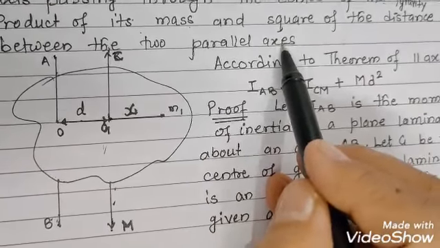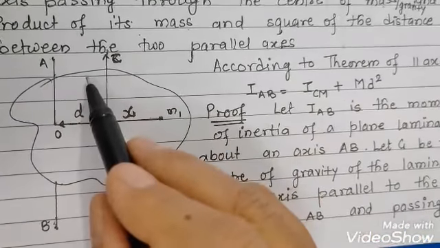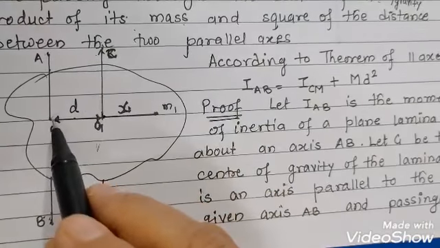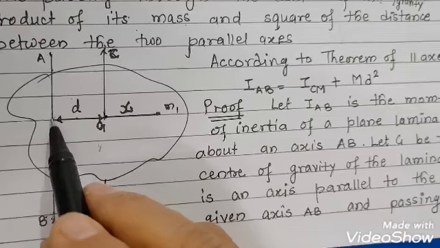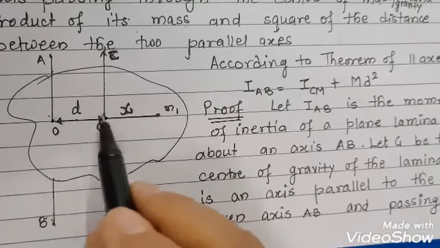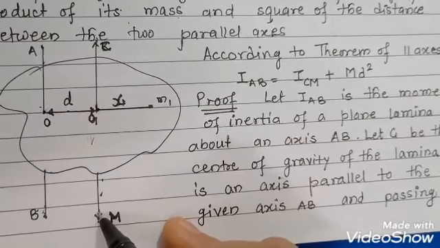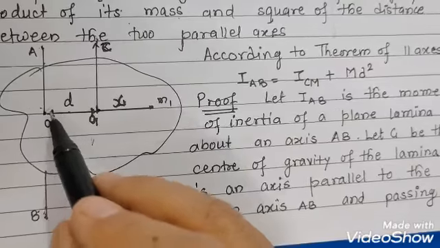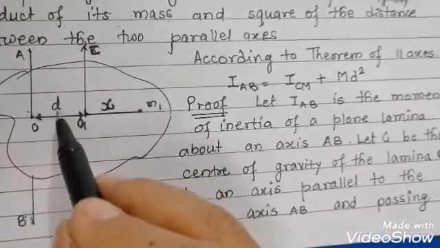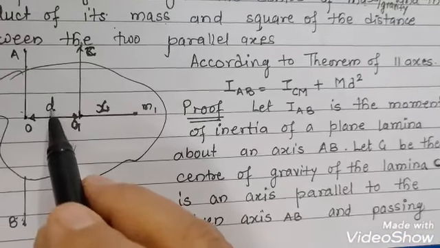Product of its mass, that means the whole mass of the body, multiplied with the square of the distance between these two parallel axes which we have chosen here. So that is mass multiplied with d square. D is the distance between these two parallel axes. So mass multiplied with d square.